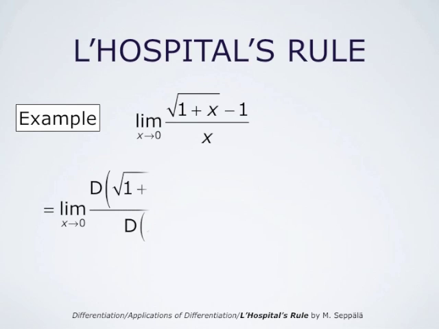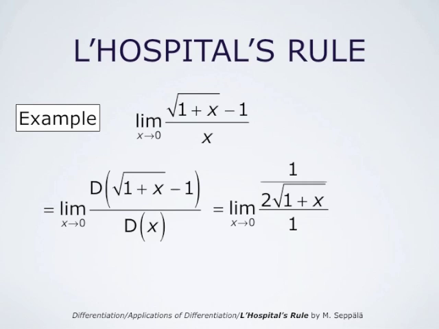By L'Hopital's rule, this limit is the limit as x approaches 0 of the derivative of square root of 1 plus x minus 1, divided by the derivative of x. The derivative of x is just 1. The derivative of square root of 1 plus x minus 1 is 1 divided by 2 times square root of 1 plus x.